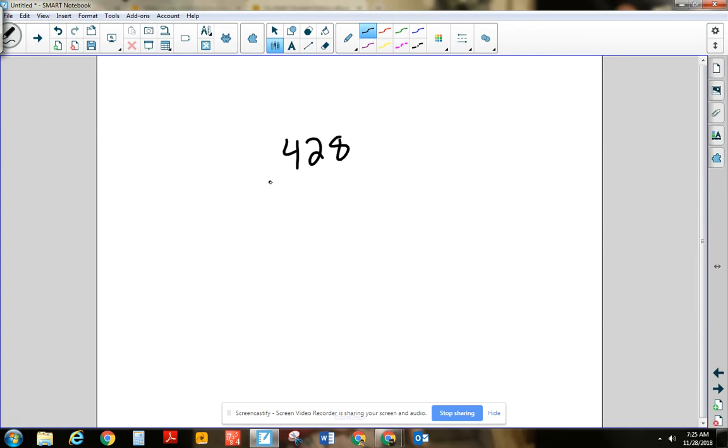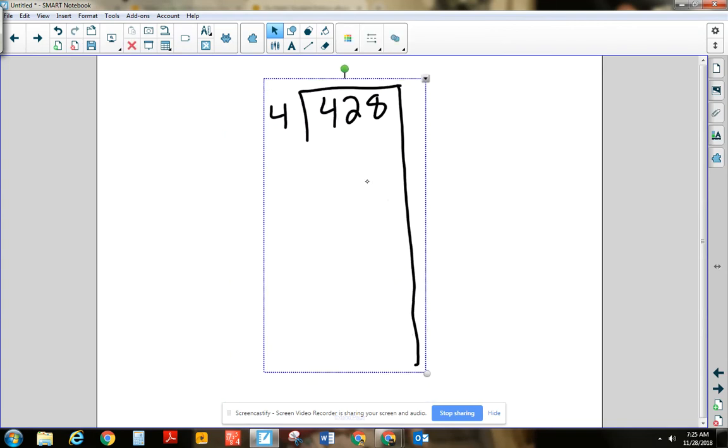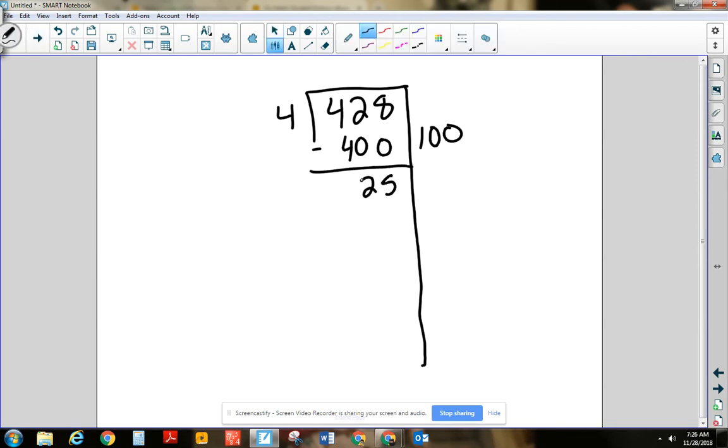428 divided by 4. All right, so partial quotients. Let's go ahead and get started. How many 4's fit into 428? Well, 100, because that gets me 28. How many 4's fit into 28?